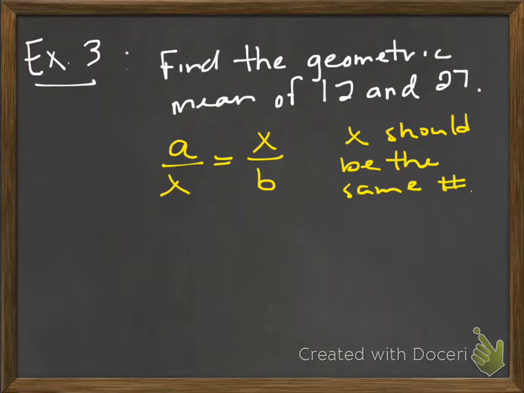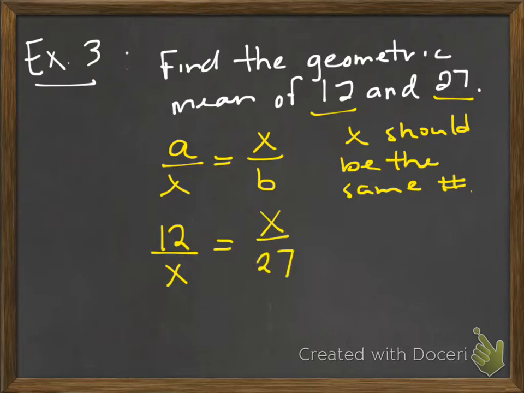So if that's the case, we know that 12 and 27 represent our a and b value. Is it going to matter where you put them? Well, no, because you're still having a proportion, so it should still equal out the same. So what we'll do then is we'll put a is equal to 12 over x and x over 27.